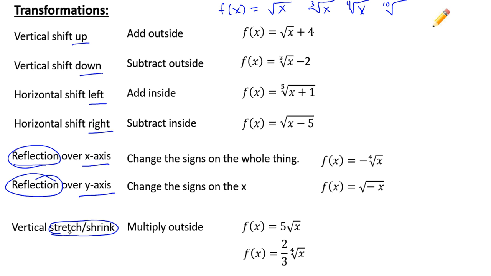The main idea is looking at where the change is happening. So f of x equals square root of x is our beginning one here, and you'll notice this +4 is what's different between this one and that one. So we added 4 on the outside. Now what do I mean by outside? Well, with every radical, there's something inside, and that's underneath the radical, and then everything else is outside.